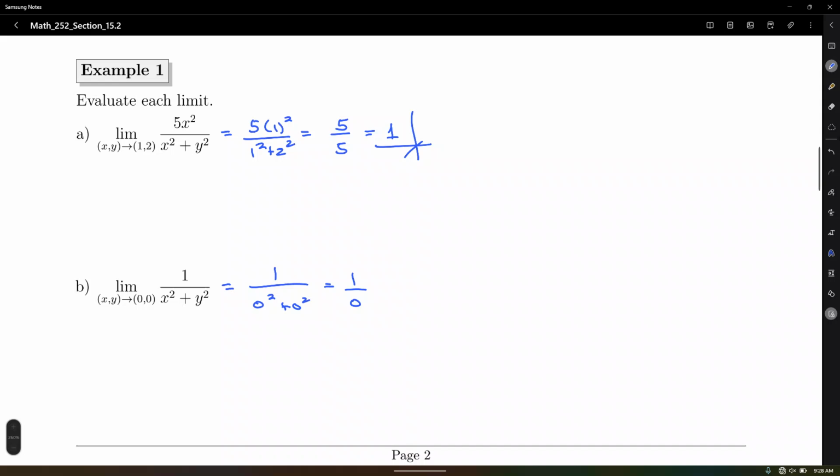But what's the approach in Calc 1 whenever you had a number over 0? Equals infinity. Okay. We need to be careful because it could be infinity or negative infinity. However, guys, rest assured, every time you get a number over 0, at least in Calc 3, and for the homework, just go about D&E.